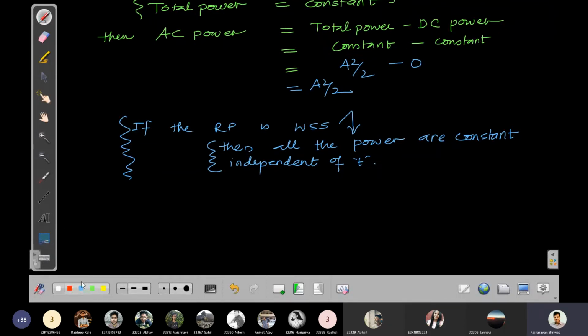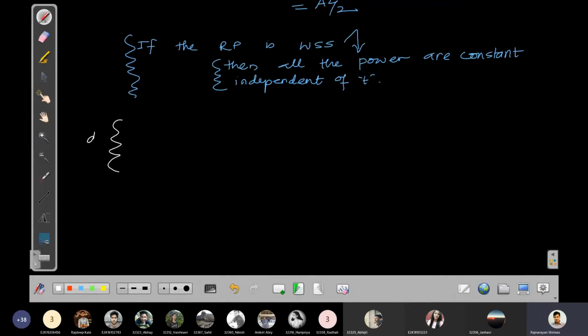Now this is the next part which I have not done in that numerical. This is part D, related to power spectral density. PSD, for a random process or anything, can be defined as the Fourier transform of the autocorrelation function. For a WSS process, this is only dependent on tau, the time difference.